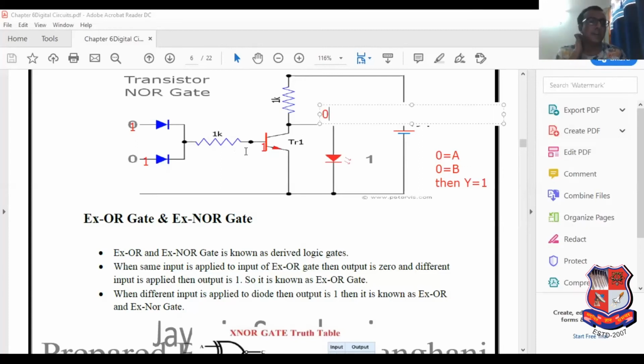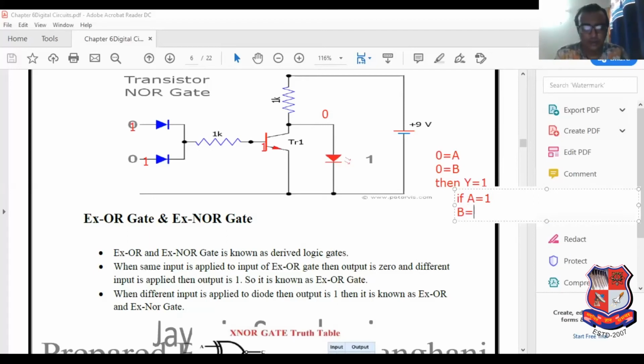Because base and collector are opposite to each other. Simply remember this. If A equal to 1, B equal to 1, then Y equal to 0, and the LED will not turn on. So it is the combination of NOR gate.